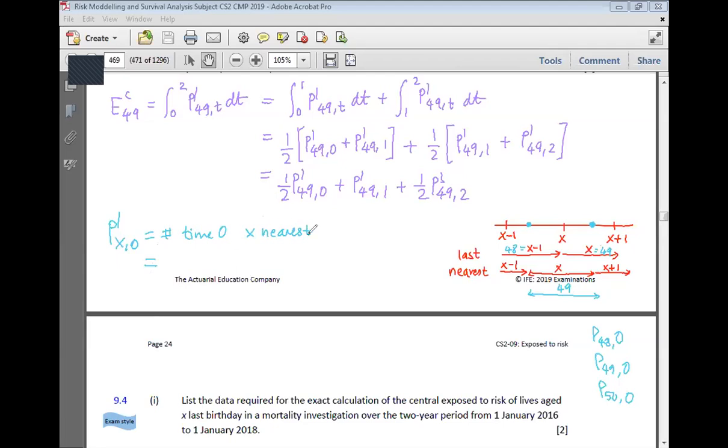If I have my x nearest, I know that I'm looking from this time till this time. And I know that there is no one age that it covers if I'm trying to see my answer in terms of last age. So I will have to take some approximation between x minus 1 and x here. Does this make sense to you guys?